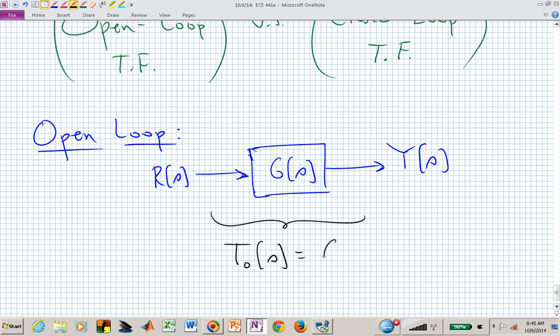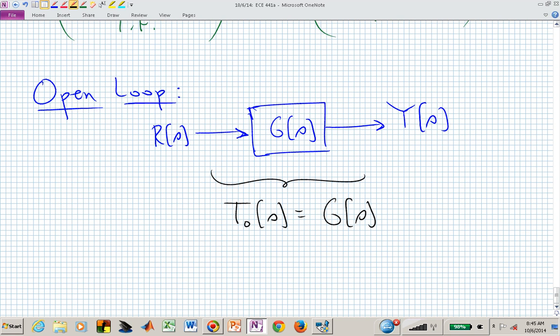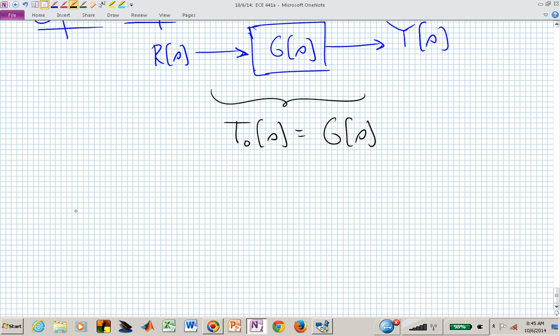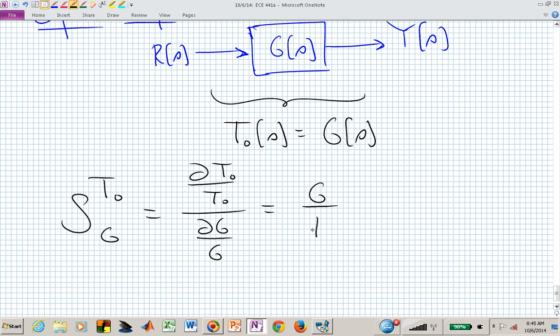So T sub 0 of S is just the plant itself, G of S. If we now compute the sensitivity of the open loop transfer function with respect to G, that's the partial of T naught over T naught over the partial of G over G. Or that's G over T naught, partial of T naught with respect to G.